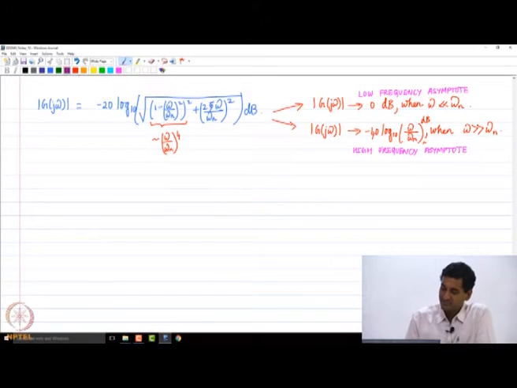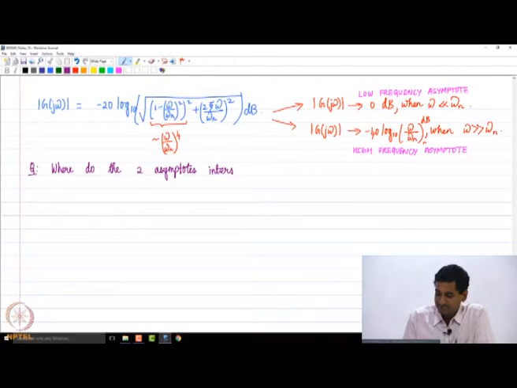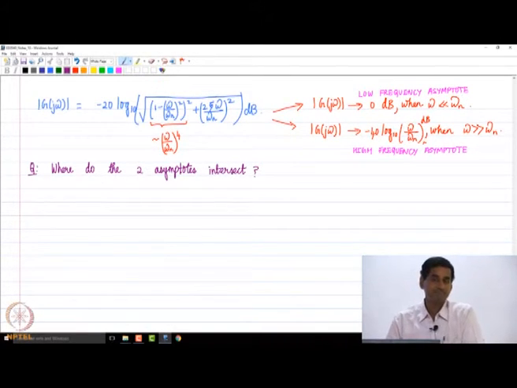Now, once again a set of questions. The first one is, where do the two asymptotes intersect each other? We can immediately figure out the answer as omega equals omega n. Why?